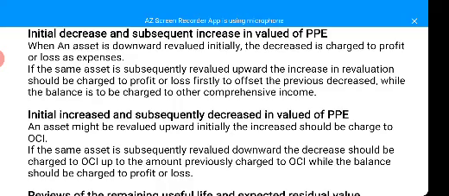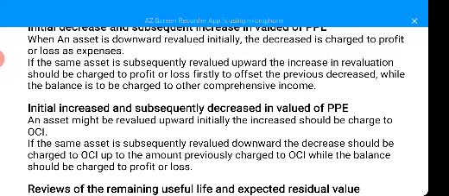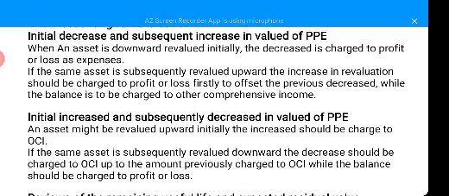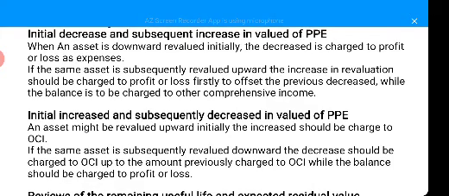Previously it was revalued downward by 2 naira, now revalued upward up to the tune of 5 naira. That 2 naira that was previously revalued downward will first go and credit your profit or loss to offset that previous 2 naira. Then the difference will be taken to other comprehensive income as your revaluation surplus, and down to the revaluation surplus account.